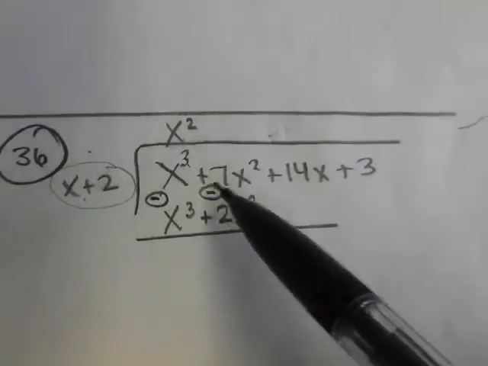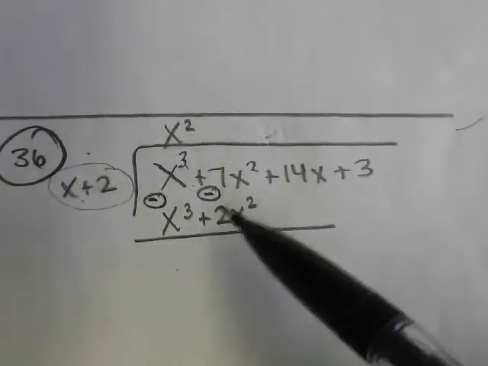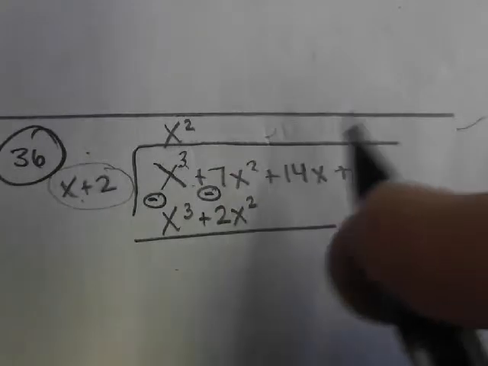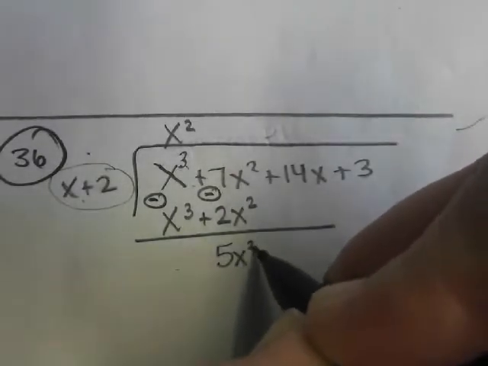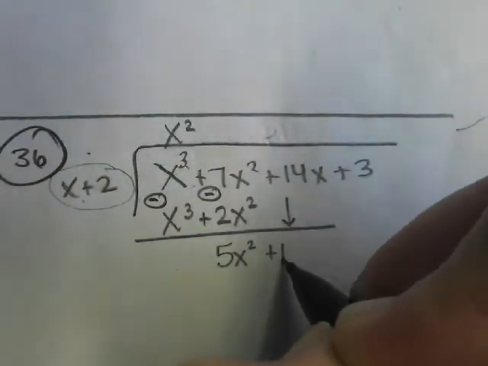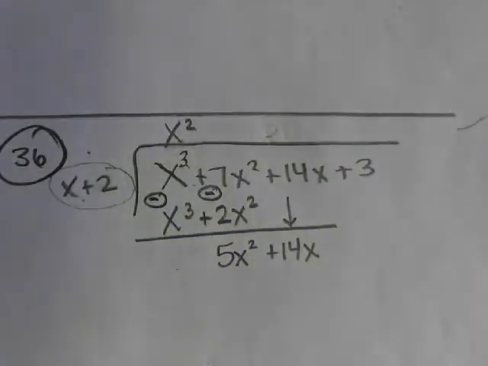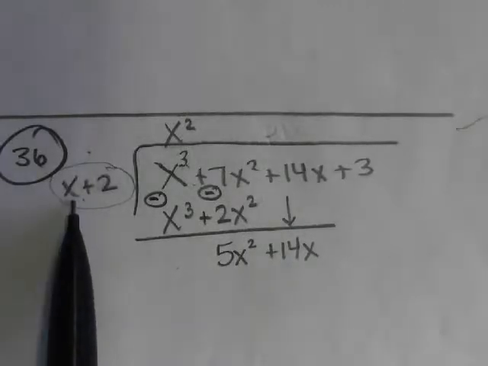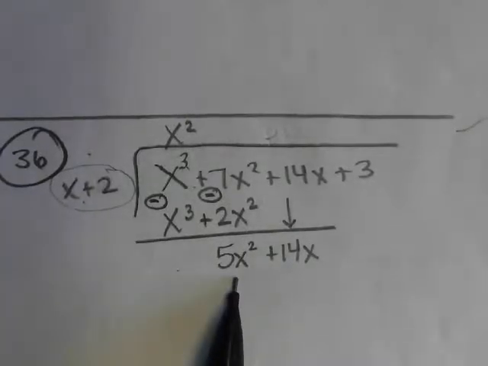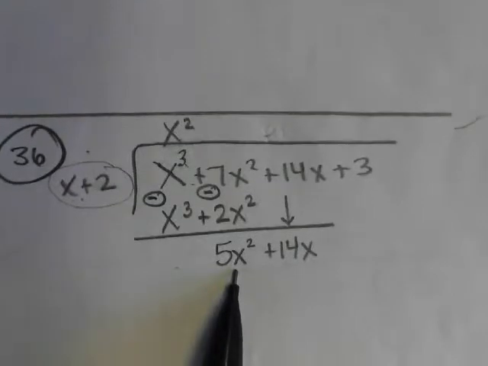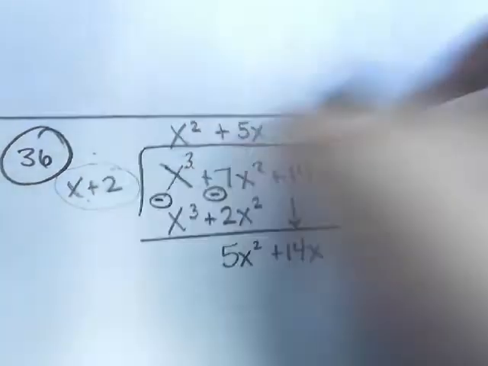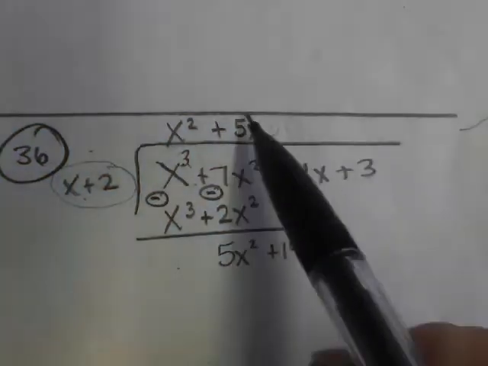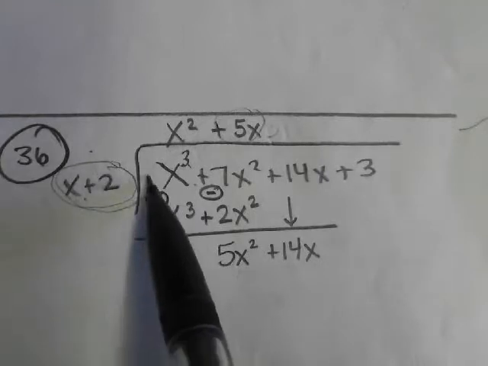So x cubed minus x cubed cancels. 7x squared minus 2x squared is 5x squared, and then I bring down the next term. And I repeat, x times what gives me 5x squared? 5x. Positive 5x.